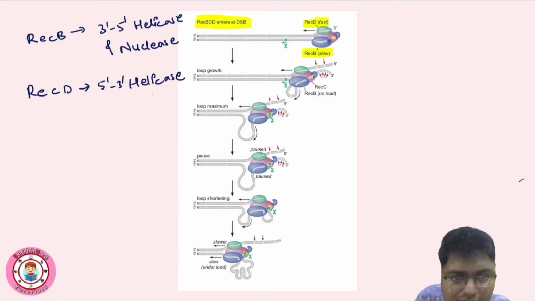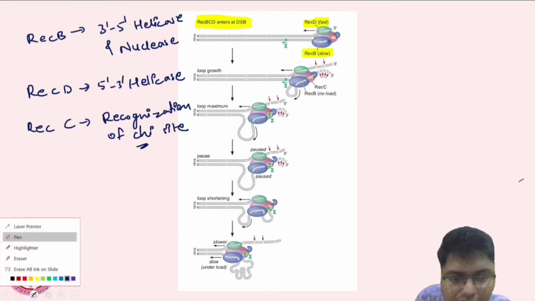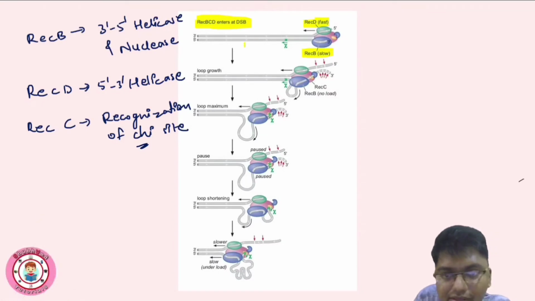So both are helicases, and RecC is doing recognition of a chi site. So this is very important. This is a chi site.